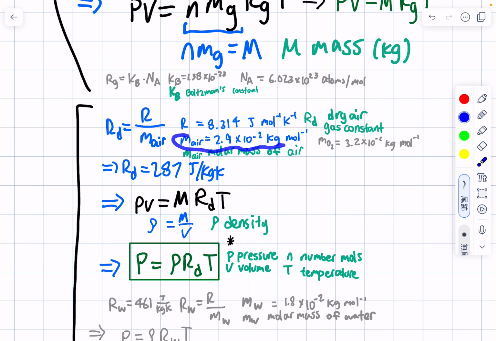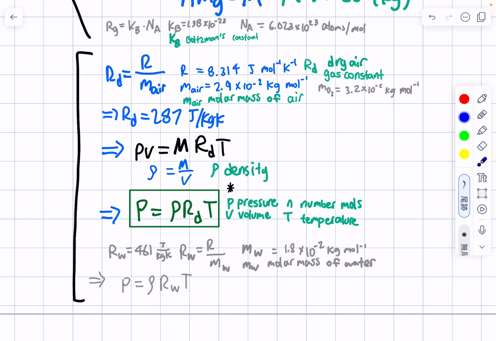And also note that this air is not just oxygen, it includes other gases as well, because for oxygen, we would get a slightly higher number of 3.2 times 10 to the negative 2, rather than 2.9 times 10 to the negative 2. Doing this division, we will get that Rd is equal to 287 joules per kilogram per Kelvin. And that will leave us with the equation PV equals mRdT.